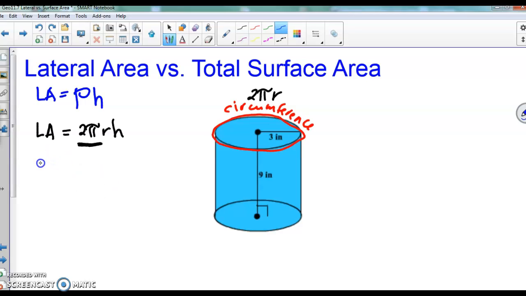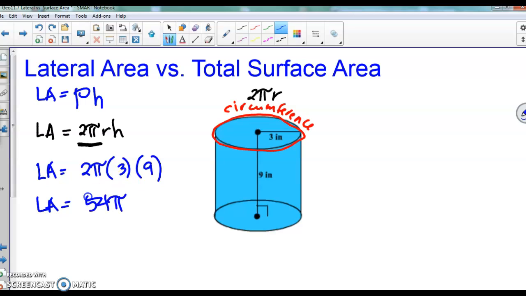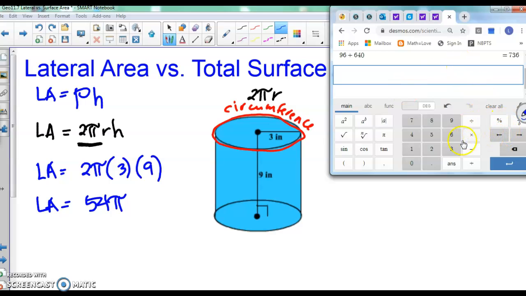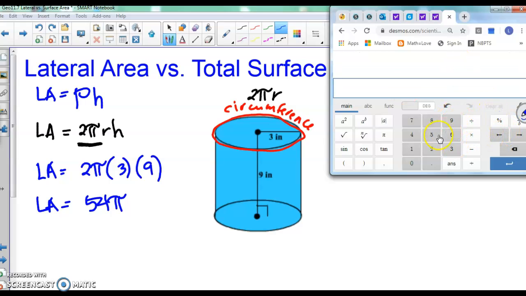Okay, so going back, LA is perimeter, which is 2 times pi times your r, which is 3, and then the height of your cylinder is 9. So LA is equal to 2 times 3, 6, times 9, so that's going to be 54 pi. We can leave your answer in pi form, or we can change it to decimal.